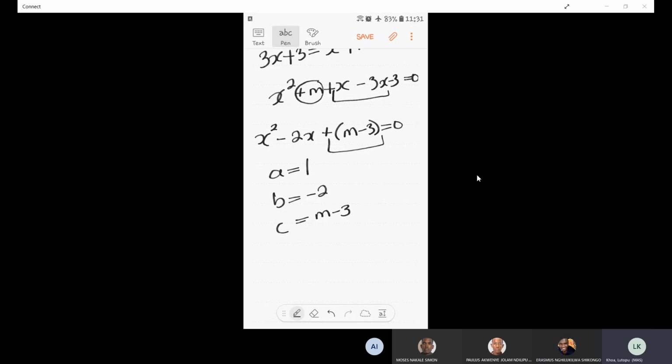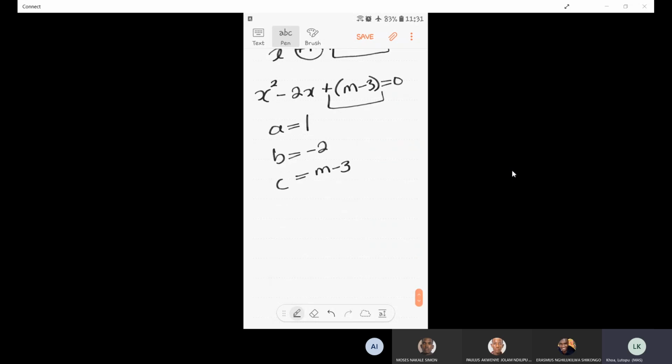Okay. So then now that you have your A, B, and C, you know the formula for the discriminant. This is equal to B squared minus 4AC. B squared, this is minus 2 squared minus 4 times A and times C, which is m minus 3.